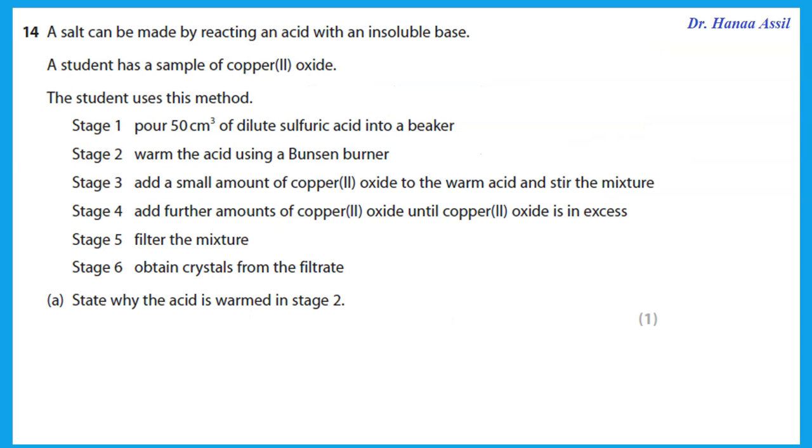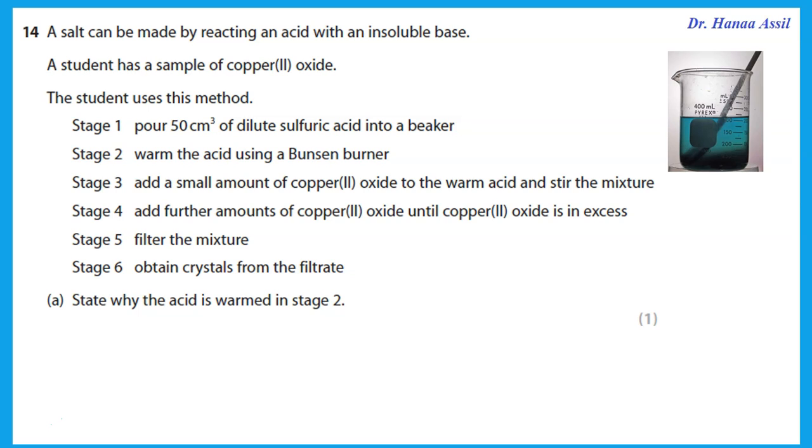A salt can be made by reacting an acid with an insoluble base. A student has a sample of copper 2 oxide. Pour 50 centimeter cubed of dilute sulfuric acid into a beaker. Warm the acid using a Bunsen burner. Add a small amount of copper oxide to the warm acid and stir.